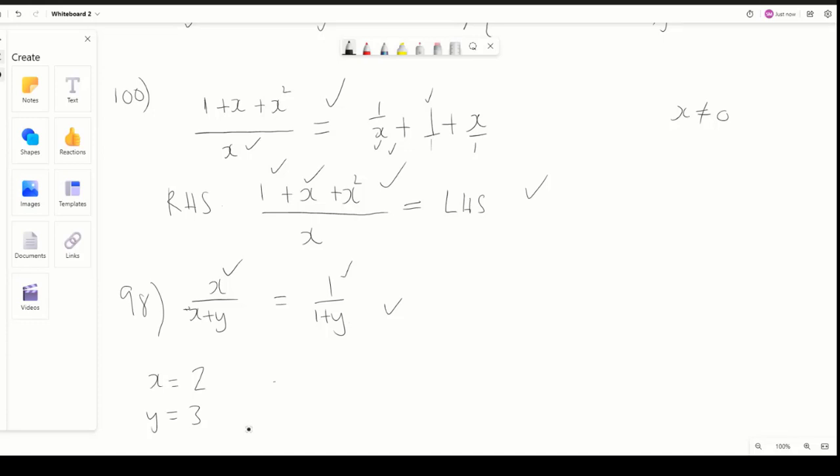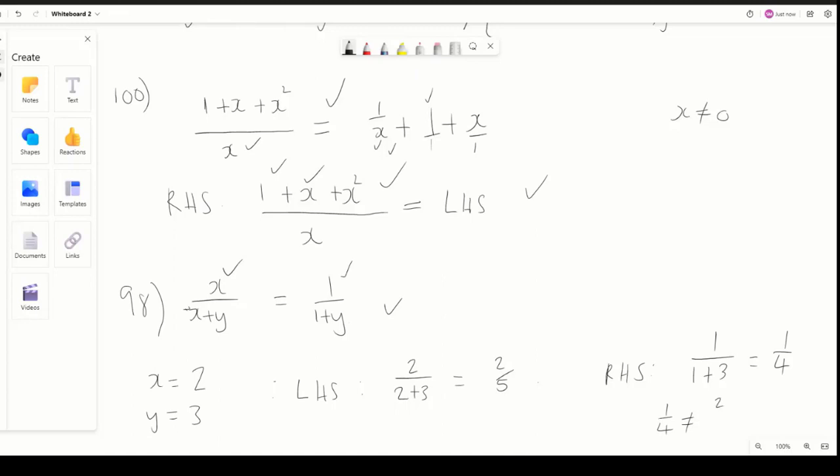Well, the left-hand side is equal to 2 over 2 plus 3, which is equal to 2 over 5, right? The right-hand side, well, it's 1 over 1 plus, and I chose the value of y to be 3, so it's 1 over 4, which is not equal to 2 over 5.